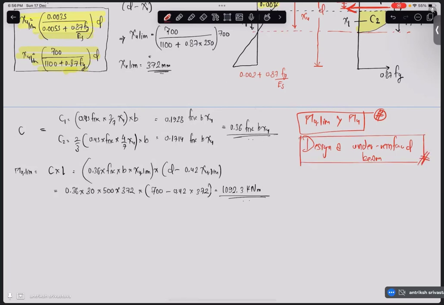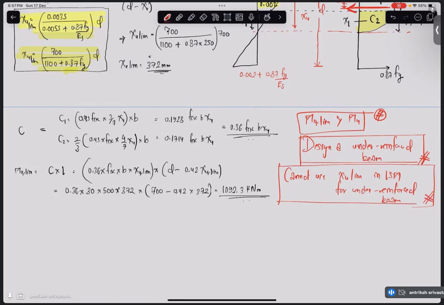Now we cannot use xu limiting in LSM for an under-reinforced beam. In case of WSM, we could design this the same as a balanced beam if it was under-reinforced, and we could get away with it. But in case of LSM, you cannot do that. So we have to calculate our xu again.